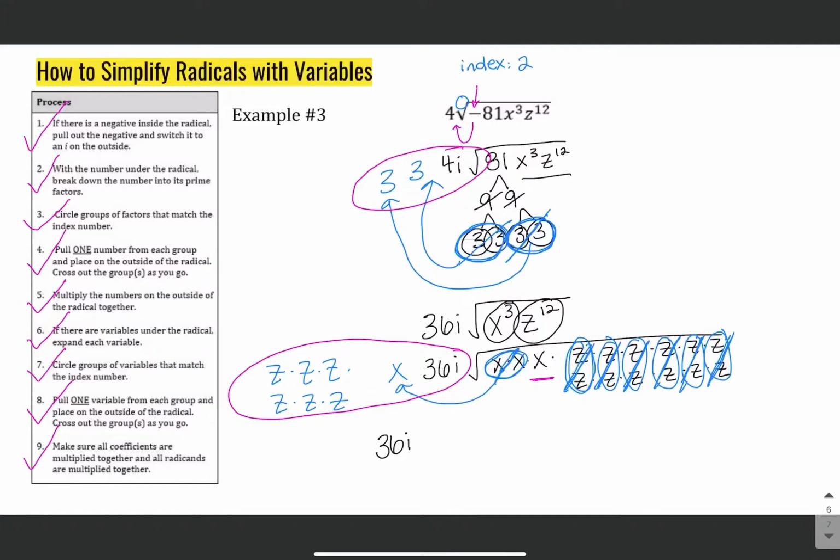Notice if we go alphabetical, we can do our x first. There's just one x. And notice how many z's do we have? We have 6 of them. So we should be able to say z to the 6th power. Then we have a radical, and that x is left over there. And this is our final answer.